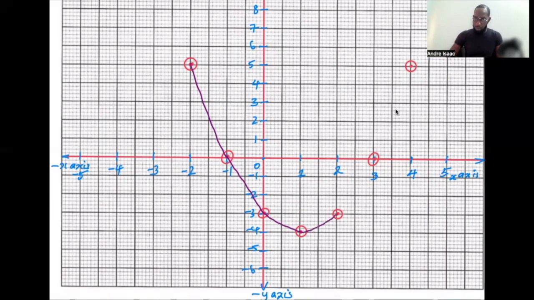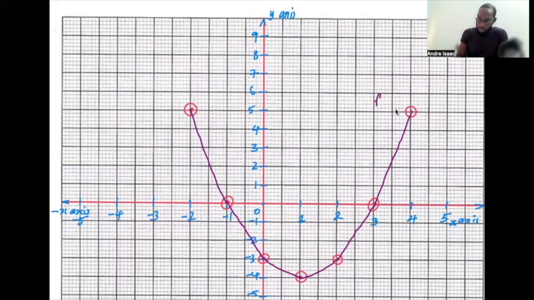Not supposed to use a ruler. It's supposed to be drawn freehand. All right, and you label your graph. So that's this graph right here.